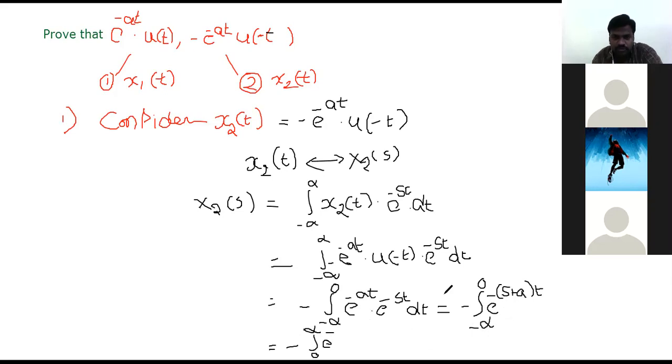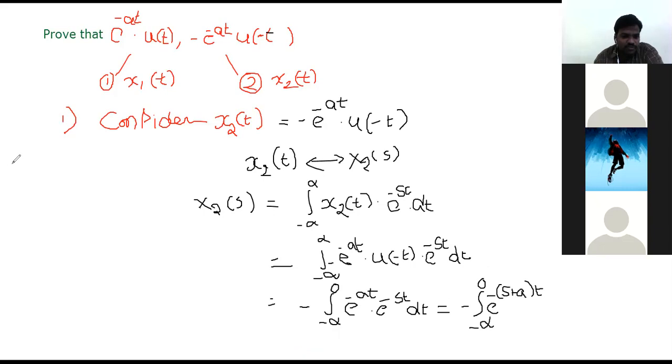Just wait a moment. Let us verify whether we will get the correct answer or not. So you just simplify this step.